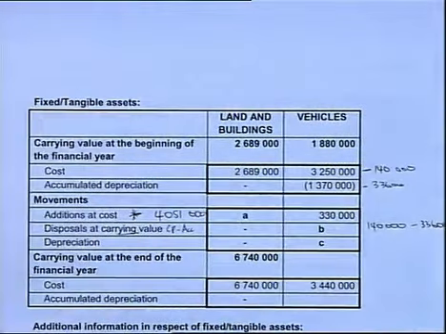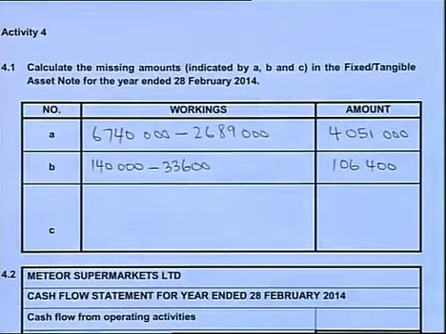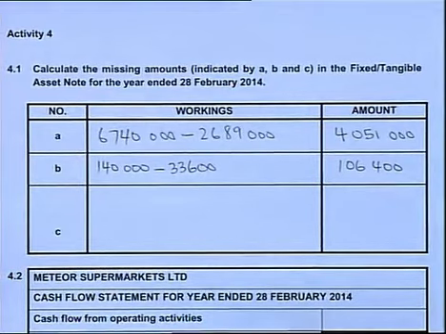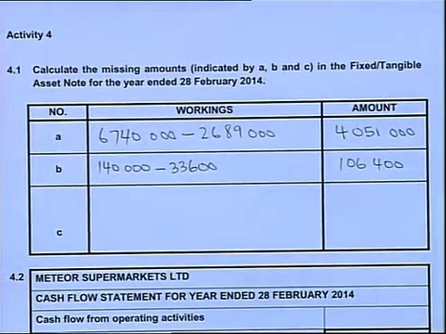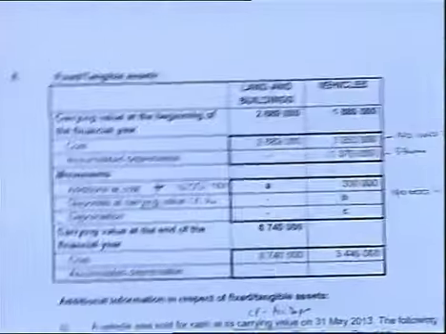Okay. Because the next step, what they want you to calculate, is the letter C, which says calculate the depreciation. So for the depreciation, we need to go back to the information so that we can see what is happening. Right?